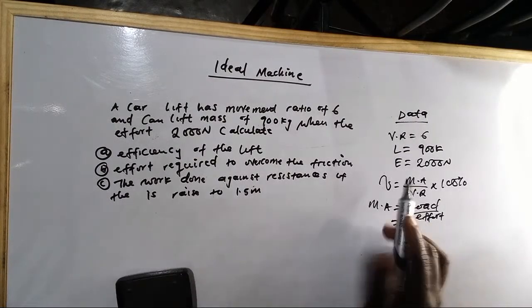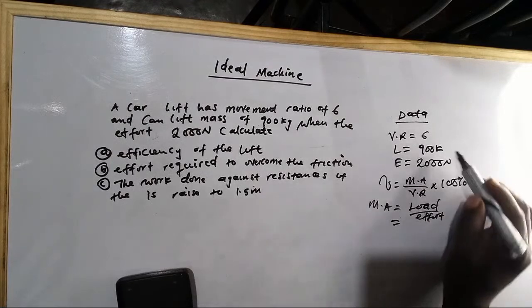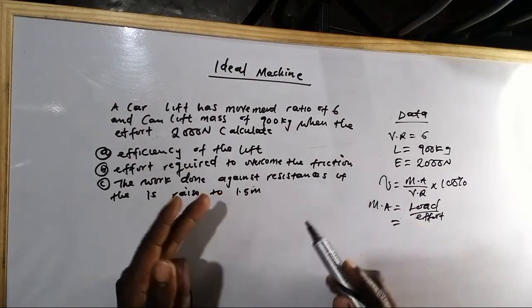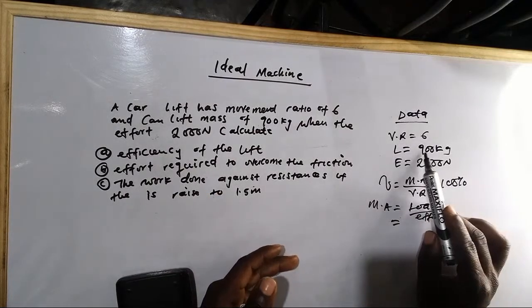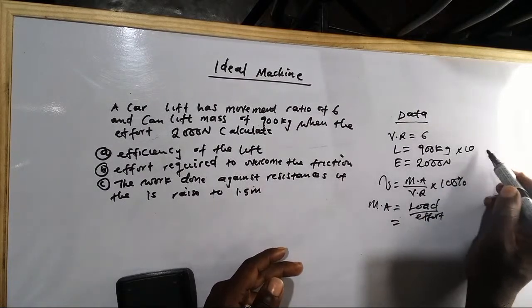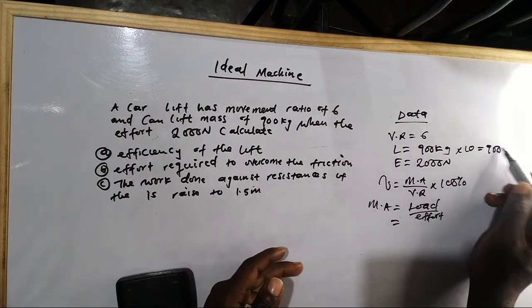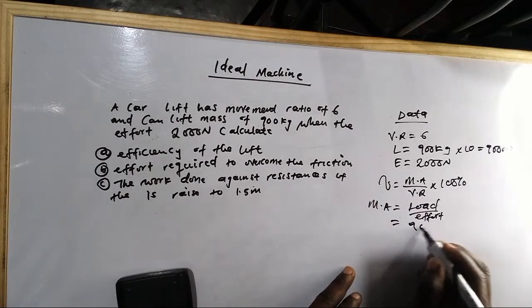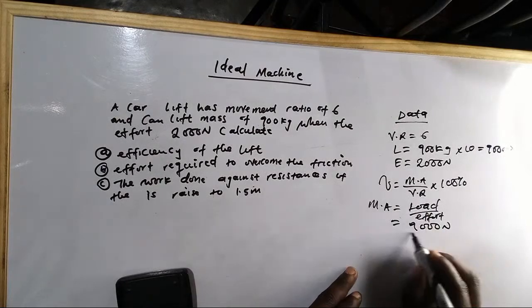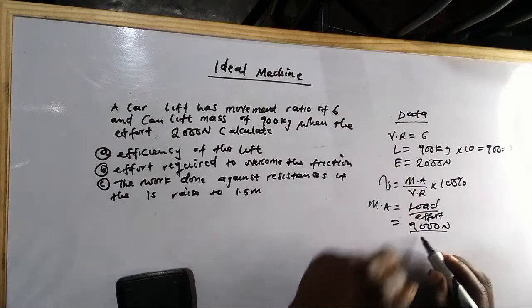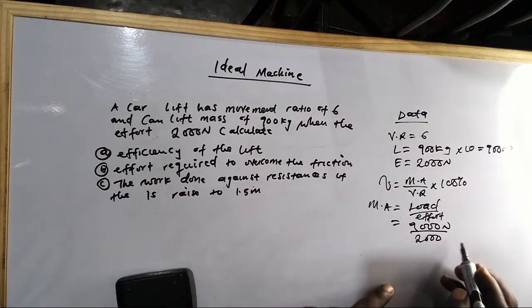Okay, and remember we have 900 kg. The units for load and effort should be in the same unit. That means we have kg, we have to take it into Newton. So we multiply by 10 for us to have 9,000 Newton. So this is the load which we have, 9,000 Newton, and for effort we have 2,000.